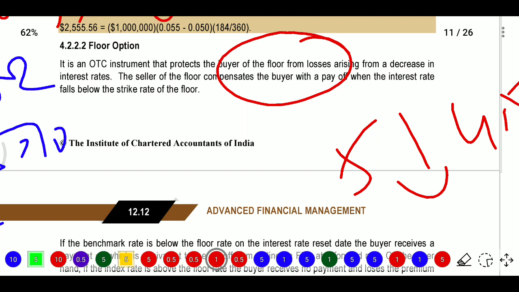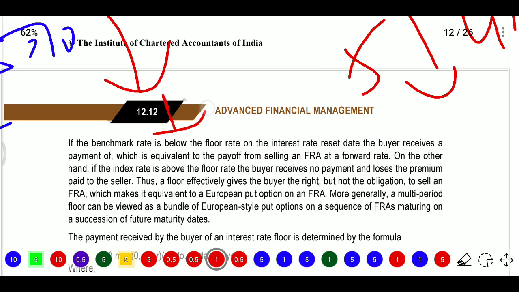If the interest rate falls below the strike price, the company will pay the extra interest, whereas in the cap option, if the market interest rate is increasing, he will pay the outside interest, that is the floating rate. Here, if the benchmark rate is below the floor rate on the interest reset date, it will be considered.